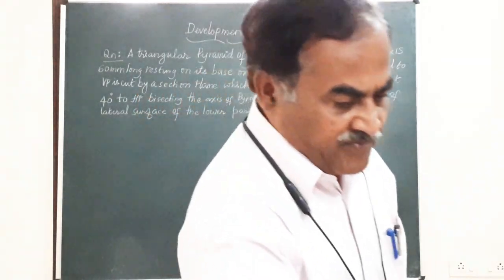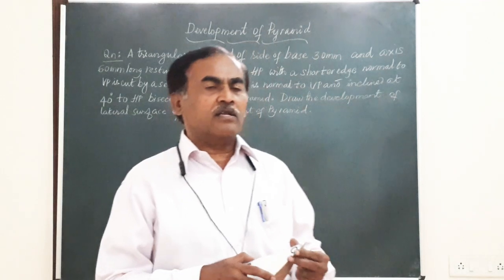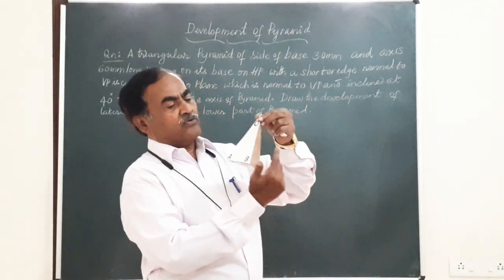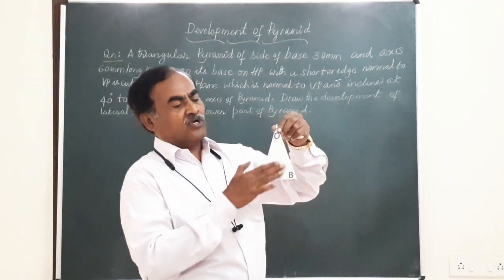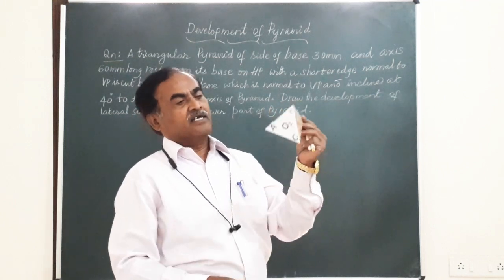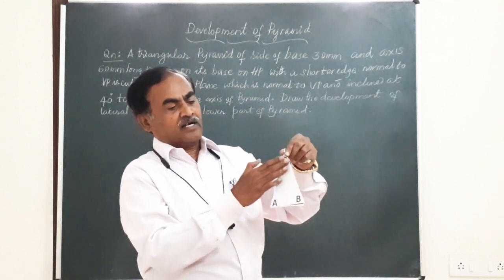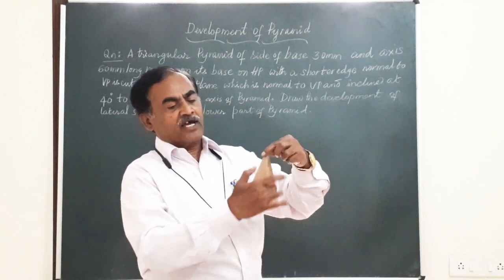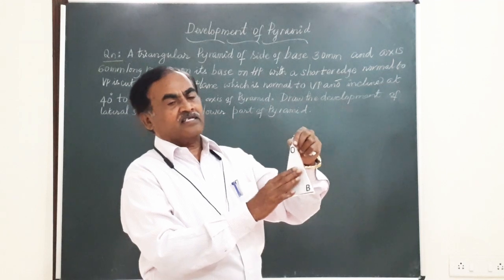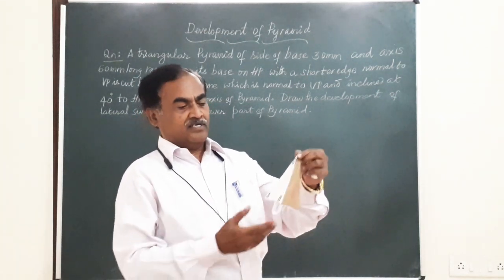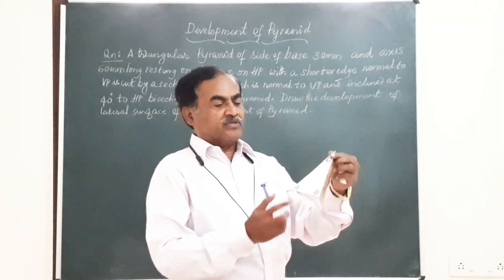Before I start that, we know that pyramids have isosceles triangles on their lateral surfaces. A triangular pyramid will have a triangular base, and on its lateral surface we have three triangles, all isosceles.